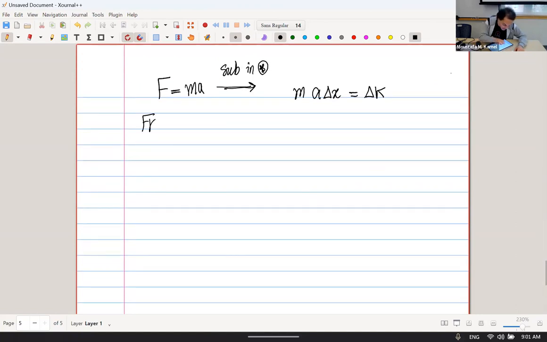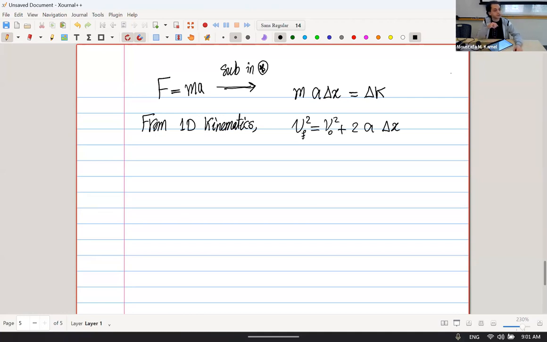And then from kinematics, we have this equation, v final squared equals v initial squared plus 2a delta x.